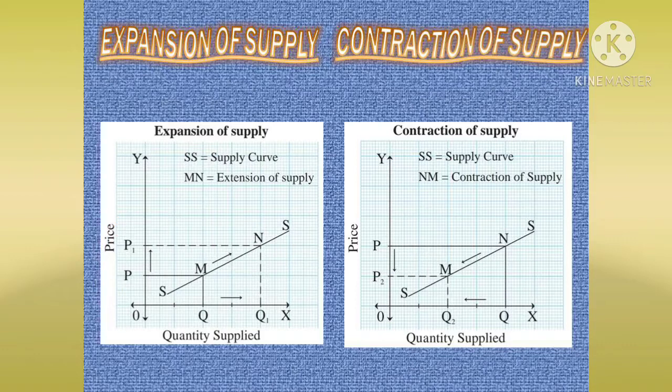Quantity supplied rises from OQ to OQ1 with a rise in price from OP to OP1, resulting in an upward movement from M to N along the same supply curve SS. It is known as expansion of supply.